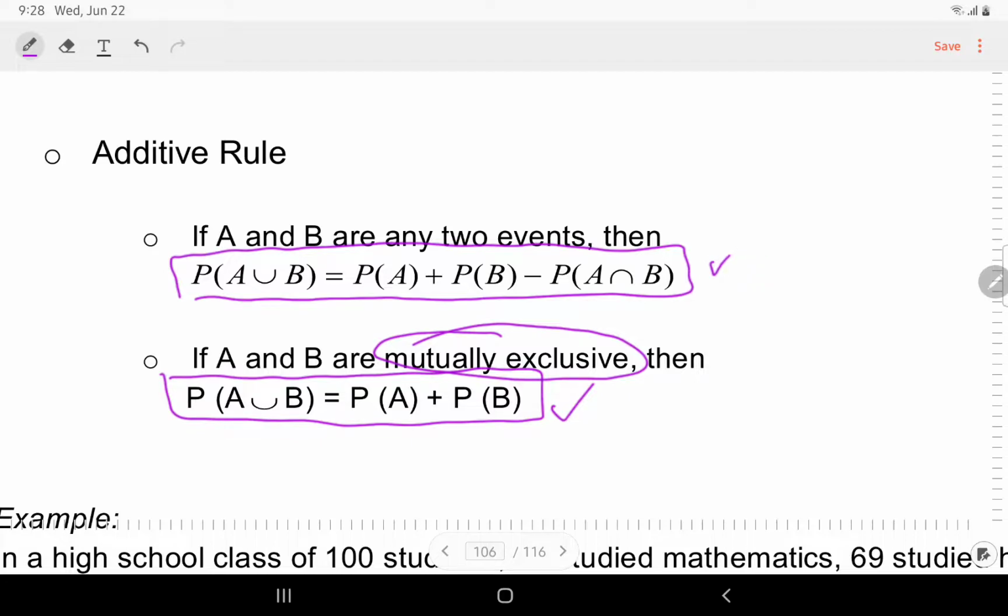Apa maksud mutually exclusive ada dalam first video. Maksudnya antara A dengan B, there is no common element. Tak ada elemen yang sama antara A dan B. So kalau dalam A dengan B tak ada elemen yang sama, kita akan guna formula ni untuk cari probability of A union B. So the formula dua-dua ni lain.